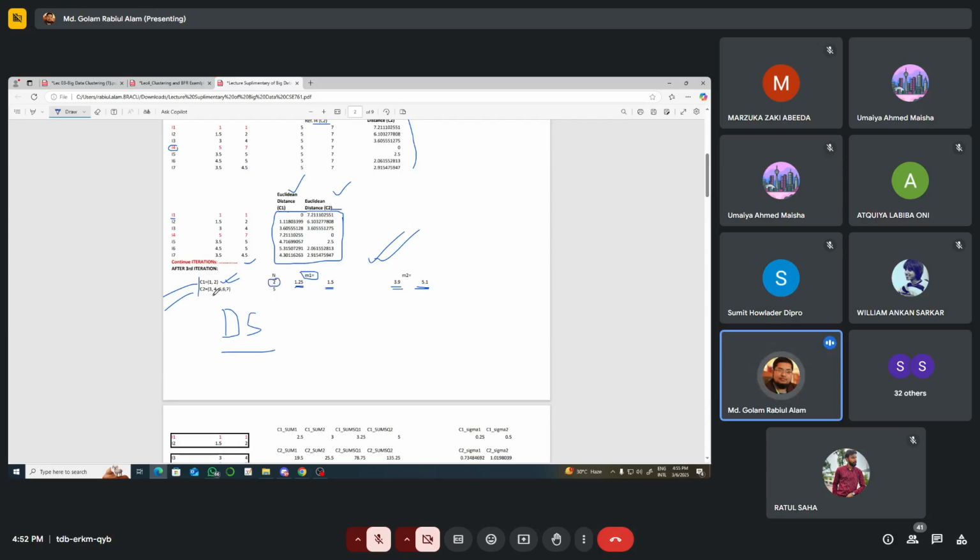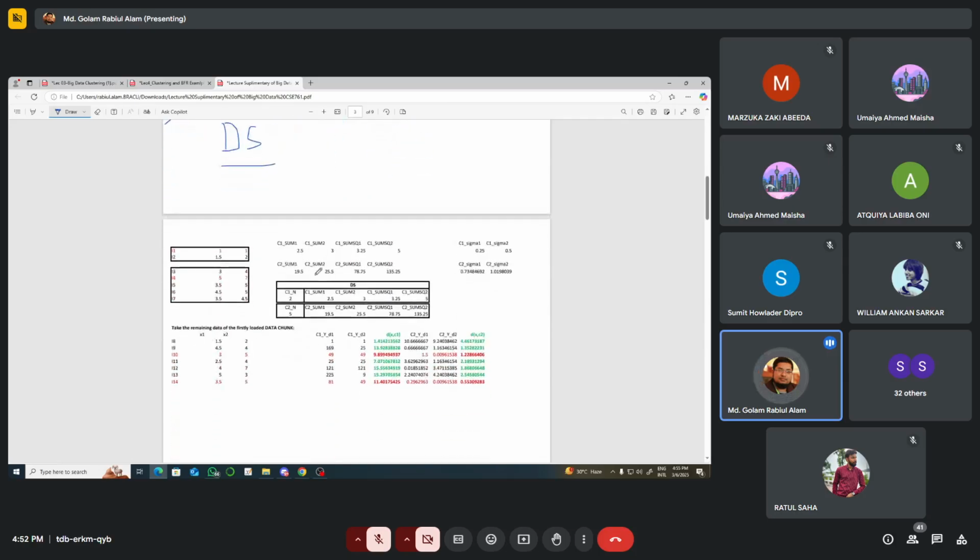And in cluster 2, just 5 elements. This is our C1 and this is our C2, and we have to consider those in our DS.